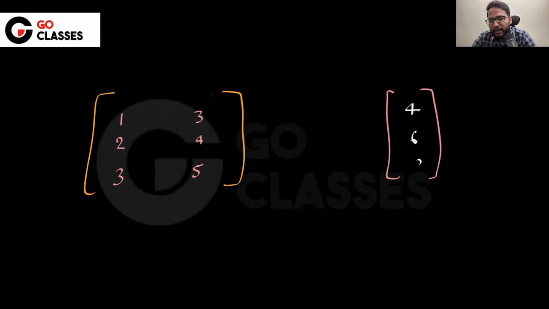They will give you the A, I mean, they might give you the actual numbers, or they will give you some information about the A. Suppose I give you A, which is 1 2 3 and 3 4 5, and suppose I give you B, which happens to be 4 6 and 8.